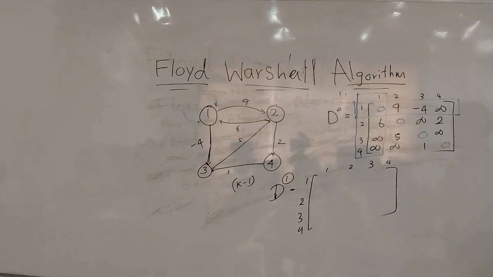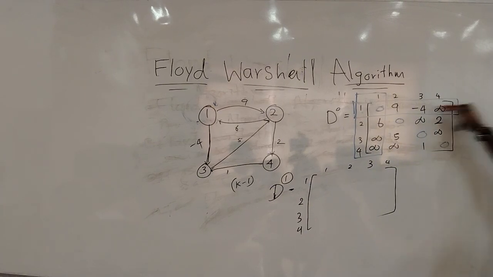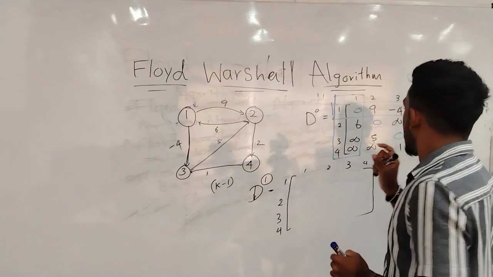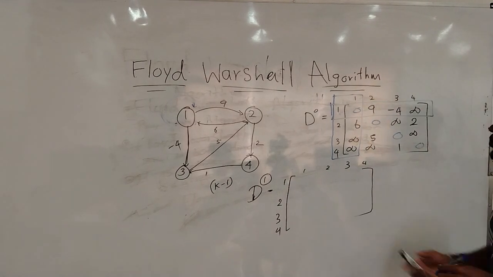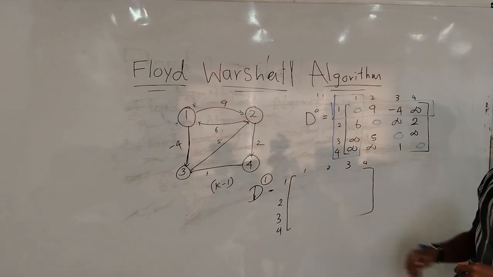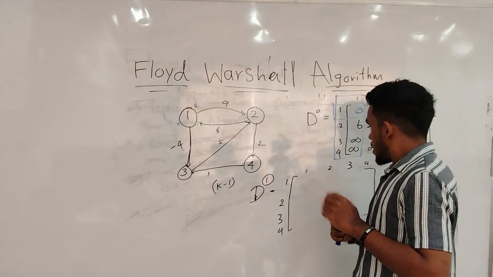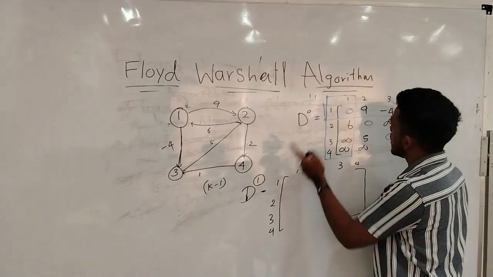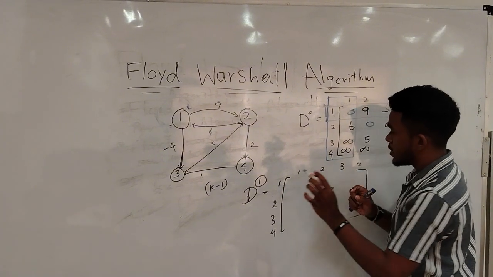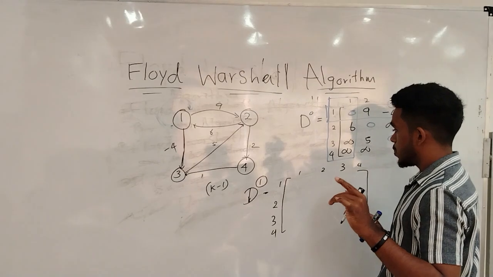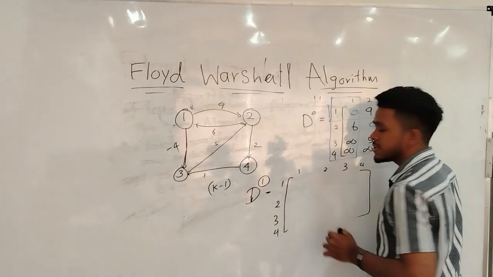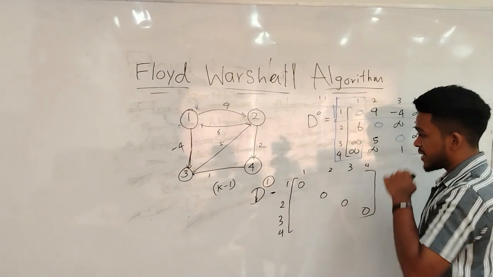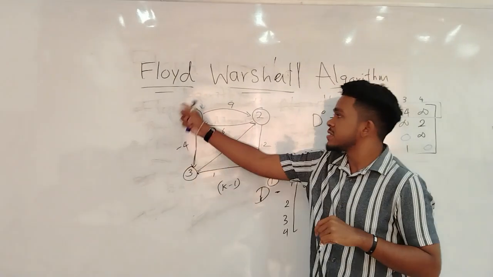We are using the corresponding row and column in the base matrix as the active column and row in this matrix, so the same values are mentioned here. In the base matrix, as I told you firstly, diagonals are always 0, because there is no path from a vertex to itself.